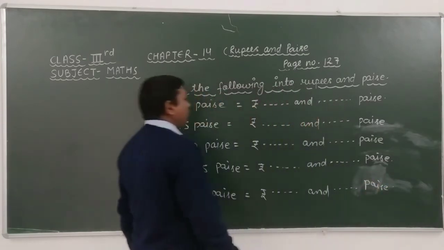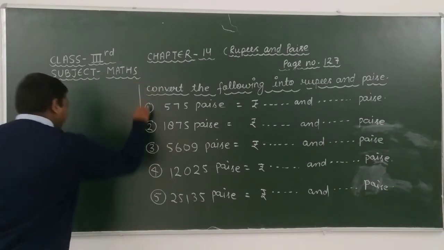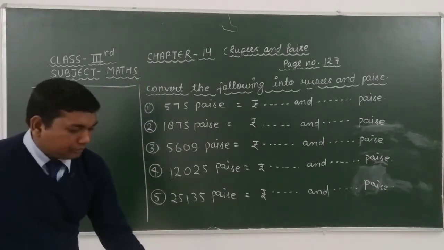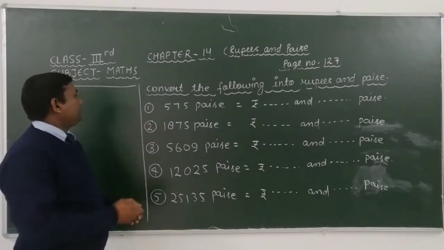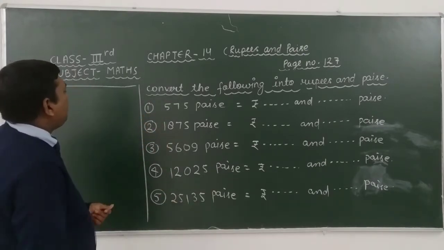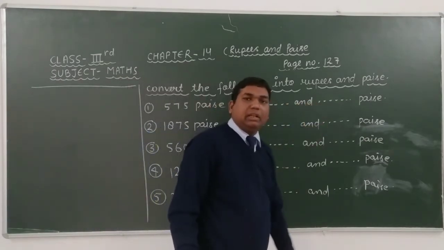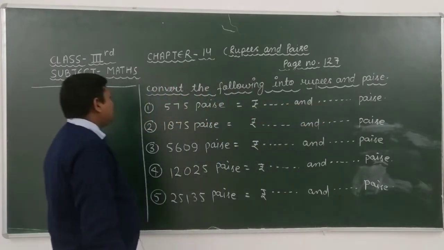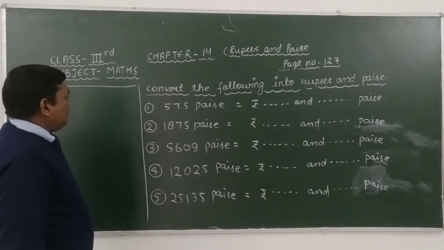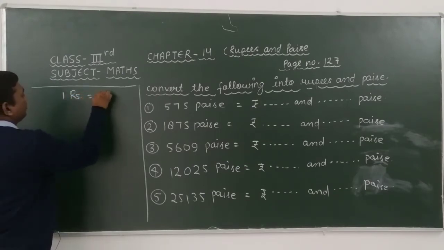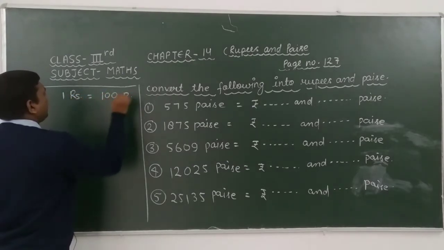Dear students, look at here carefully. In this question it is given that 575 paise is equal to how many rupees and how many paise. We know that 1 rupee is equal to 100 paise.